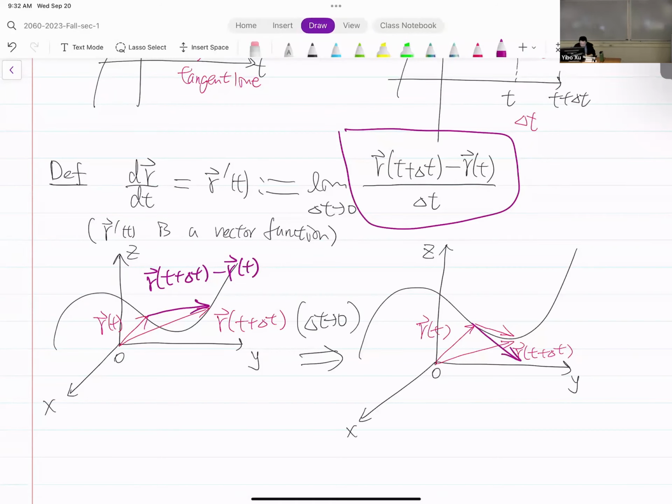Let me draw it a little bit longer. So tangent direction. And that's our vector, r prime.